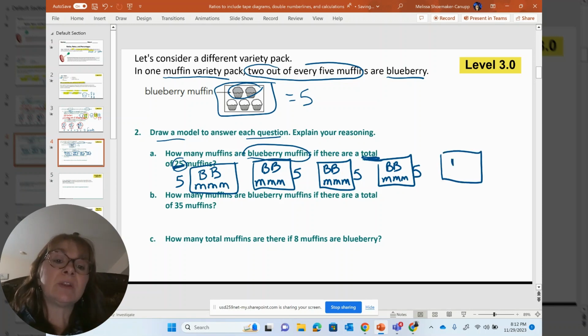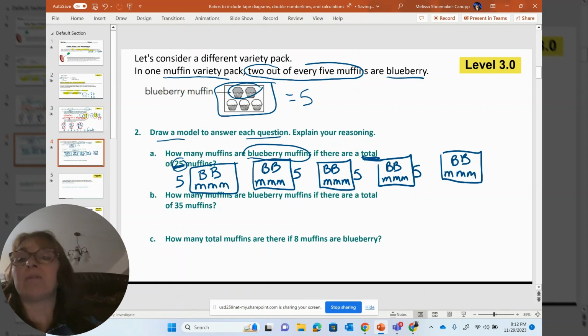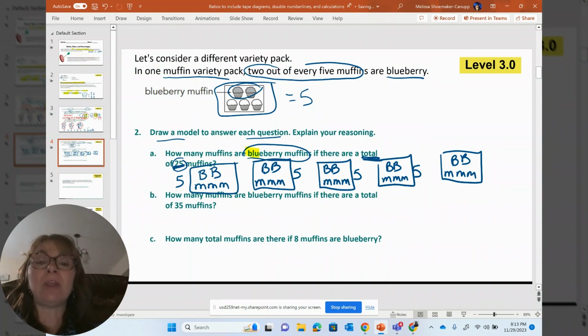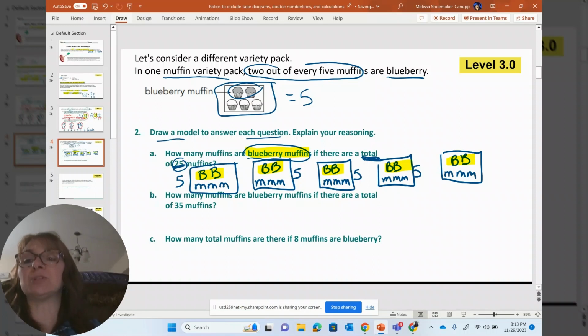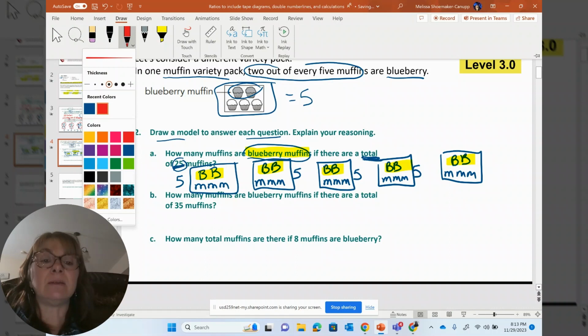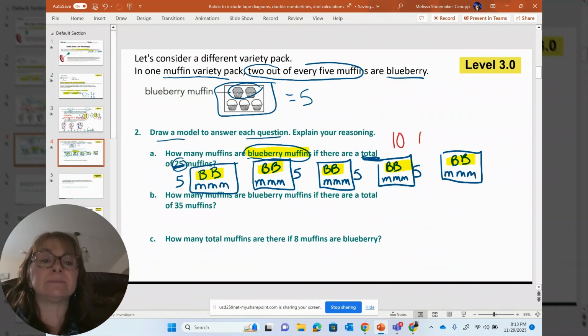I got to get to 25, so I have to make one more. So that's 5, 10, 15, 20, 25. I've got 25 total muffins. Now I'm ready to think about the question. How many are blueberry? There's 2, 4, 6, 8, 10. We can answer this question very simply by counting that up, 10 blueberry muffins.